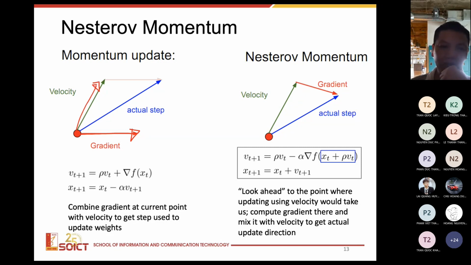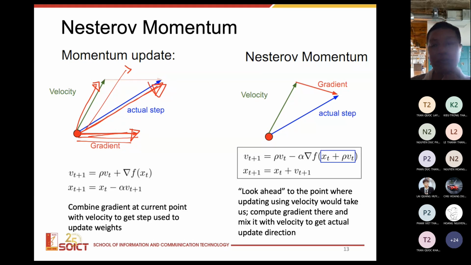If you do the SGD plus momentum, then the actual step will be this direction. If we don't use the momentum, then if the gradient goes this way, you go this way. If the gradient goes that way, you go that way. Using the velocity, you can combine the gradient and the velocity.